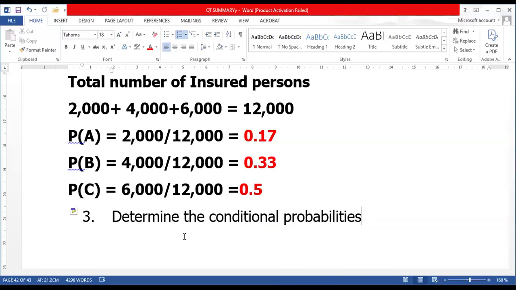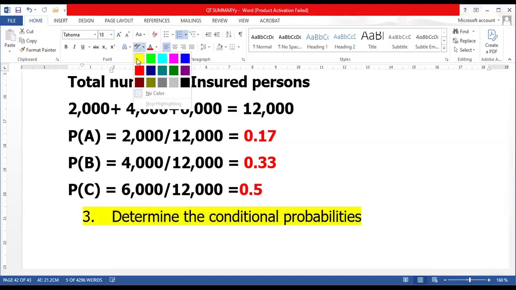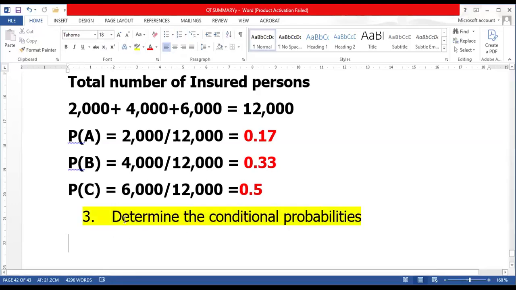Now, as you do your step number 3, for you to get the conditional probabilities, you must have an event that has already occurred.